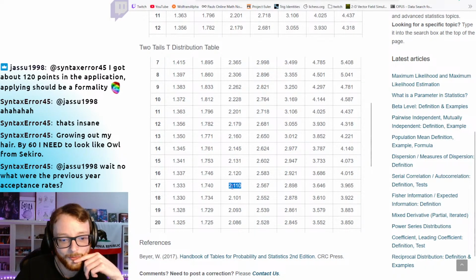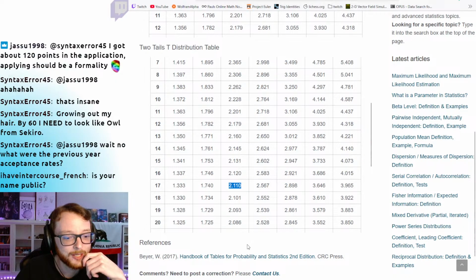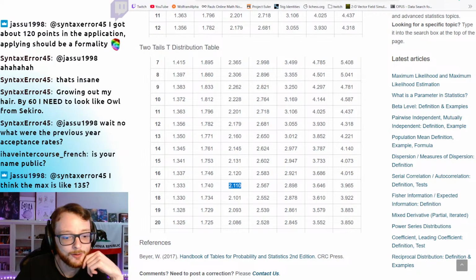I think we're going to fail to reject here because we got minus 1.7. We should get like minus 2.11 or lower.